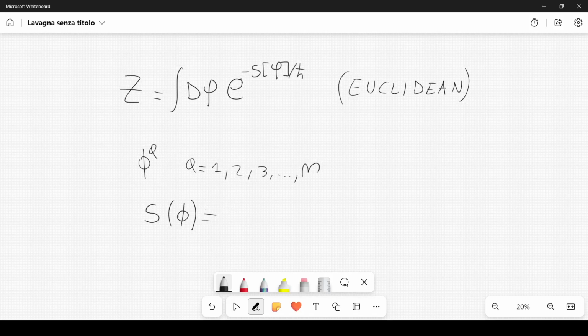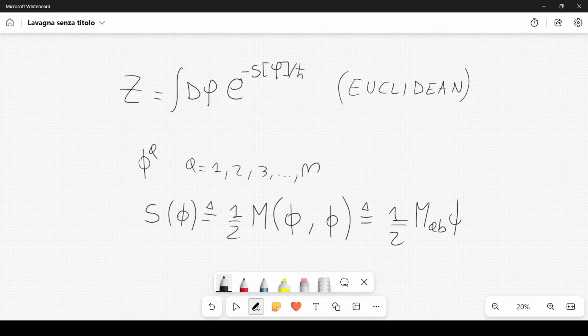We define this to be 1/2 M. I will define M in a moment. This will be M that depends on two arguments, phi and phi. And this can also be defined as, so this is the definition, 1/2 M_AB phi A phi B. So this is how you should interpret it.